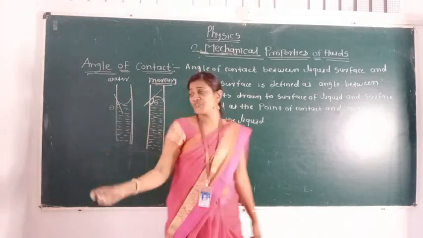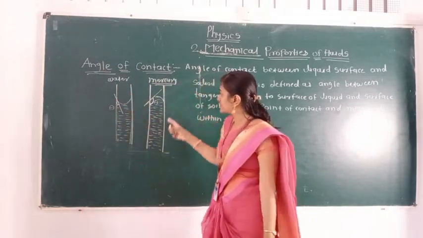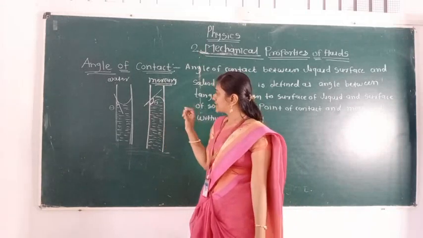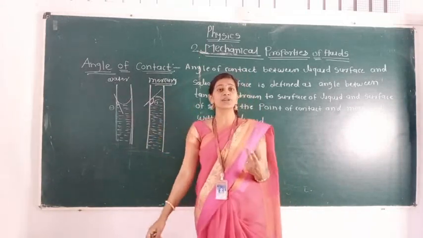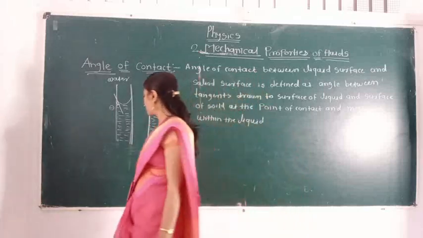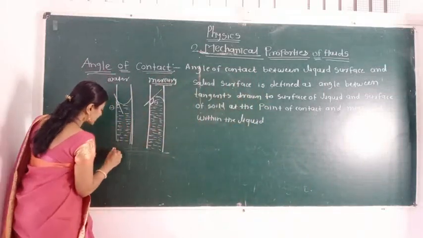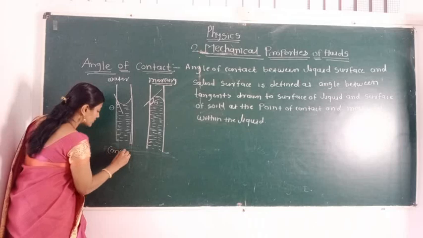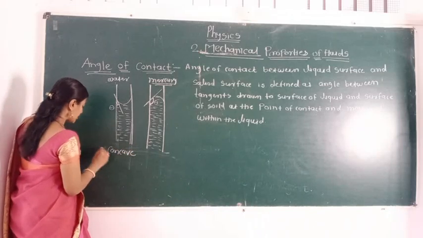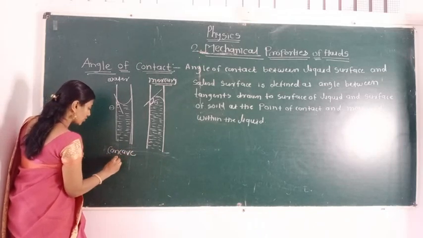So here in the first case water is present, in the second case mercury is present. So we are getting two shapes of meniscus. In water the shape of the meniscus is concave. Here we get a convex meniscus.